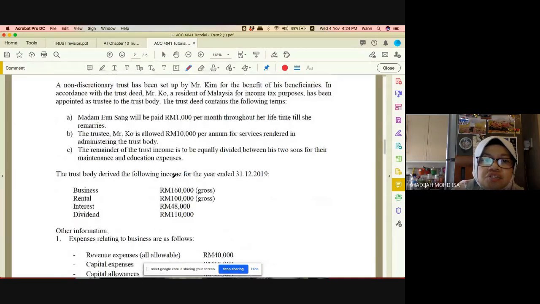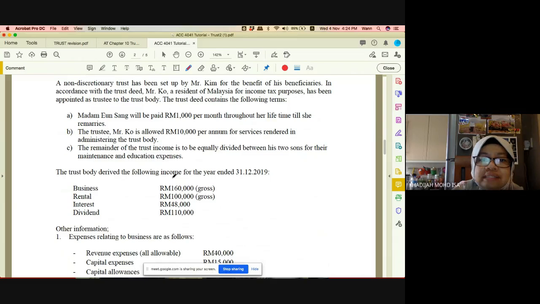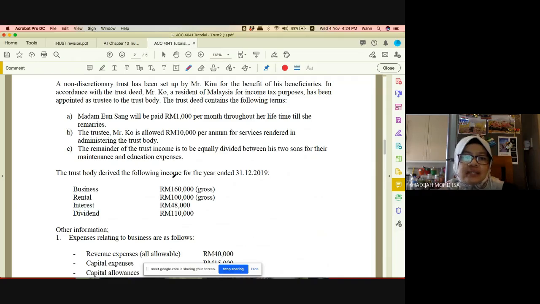A non-discretionary trust has been set up by Mr. Kim for the benefit of beneficiaries. Mr. Ko has been appointed as trustee to the trust body, and then you have Eun Sang paid 1,000 per month. Even though it says here the trustee is allowed to deduct 10,000, that amount is not for income tax purpose.